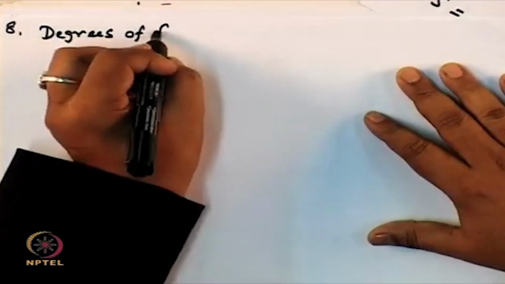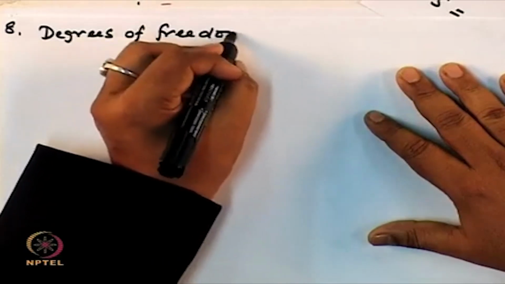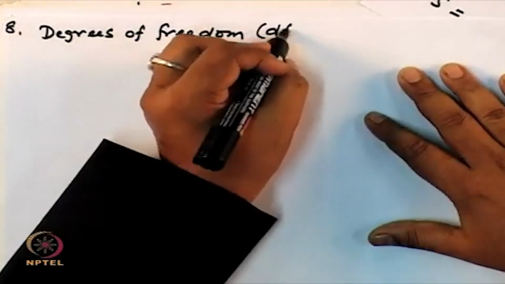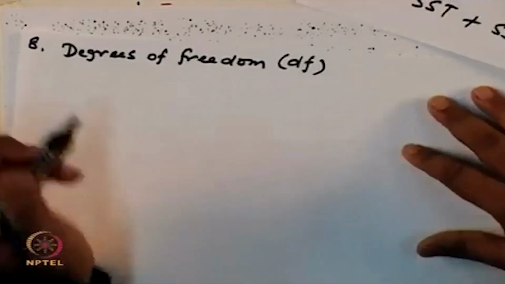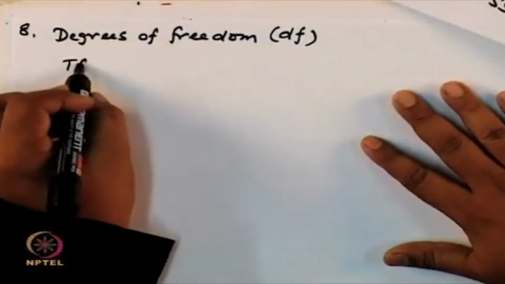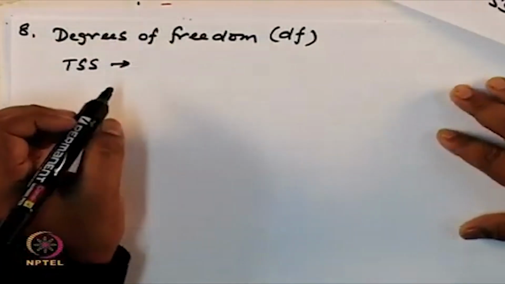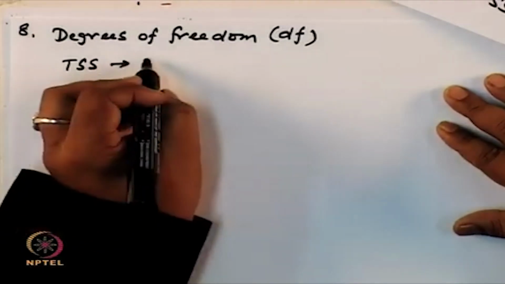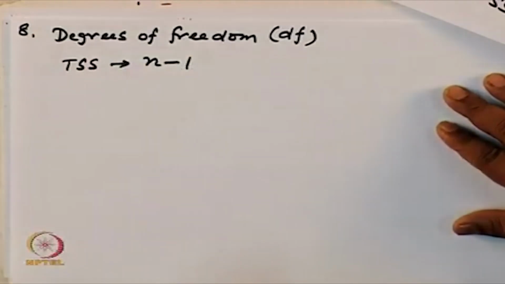Okay. So, what can I write about the degrees of freedom for each of these terms? For TSS, you have n terms which you square and add up, so the degrees of freedom for TSS is n minus 1.